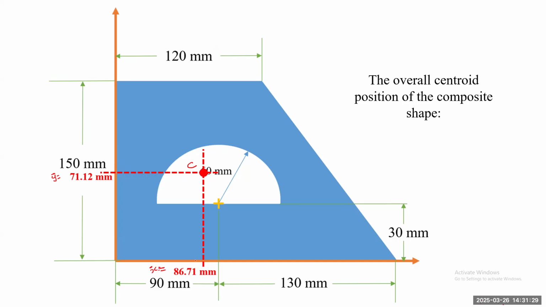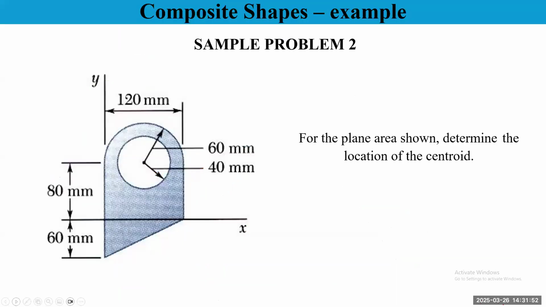So x bar is this distance. I'm just trying to see the logic. So this is the point. So the distance, wherever that distance is, that is x, and the distance in y will be that distance right there. So this is x, that is y. All right. But you have to remember to minus the other section.